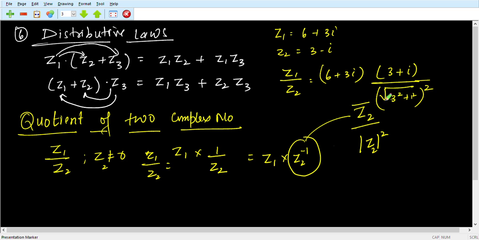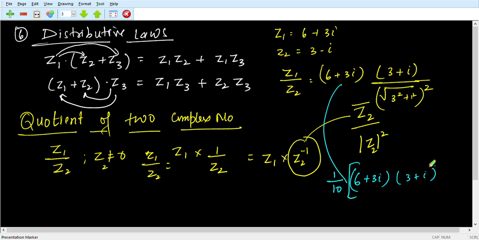So square and under root will get cancelled. Here we can solve: this value will be 6 plus 3 iota, this value will be 3 plus iota, and the constant term is 10, so 10 will be outside. So 1 upon 10.